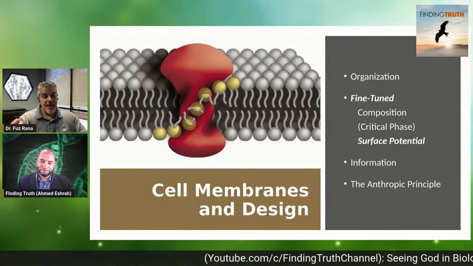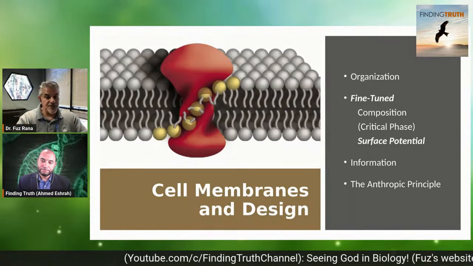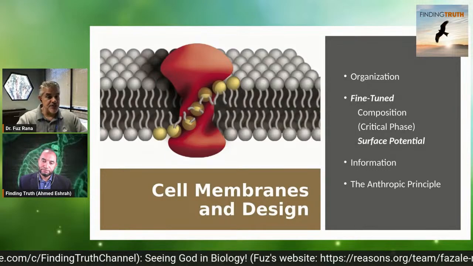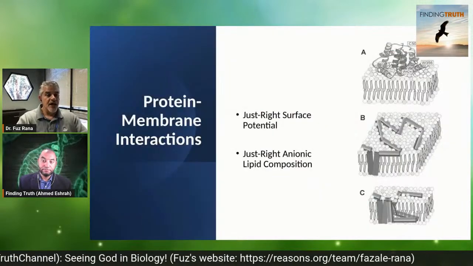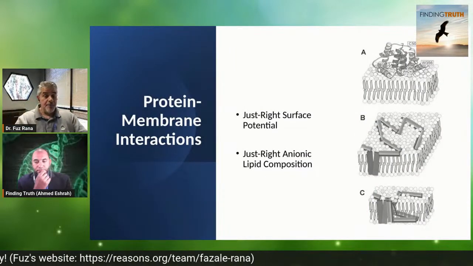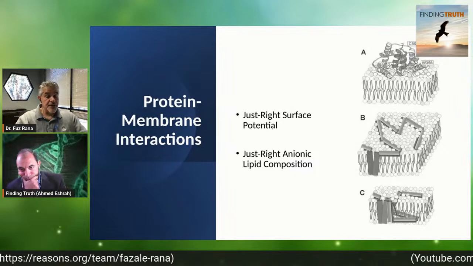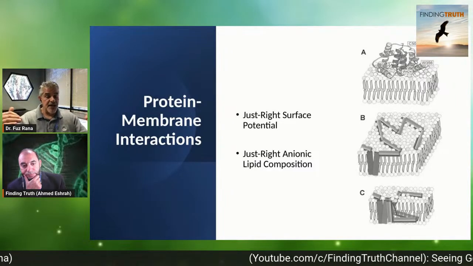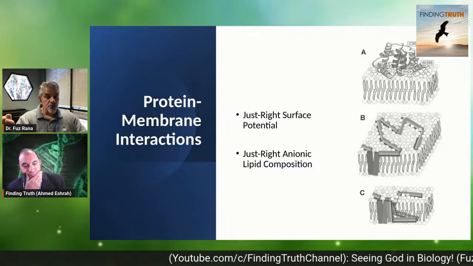Yeah. And in effect, it's a triple fine-tuning, because we also have to fine-tune surface potential. As I mentioned, the phospholipids, some of them bear a negative charge. Phosphatidylethanolamine and phosphatidylcholine are neutral lipids.